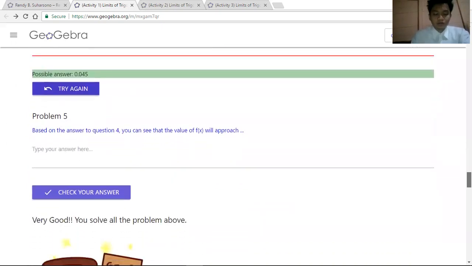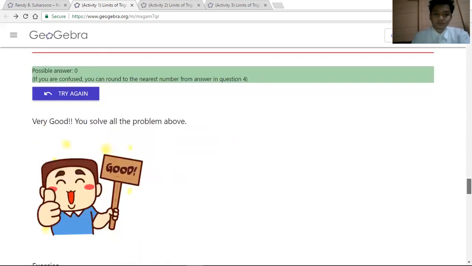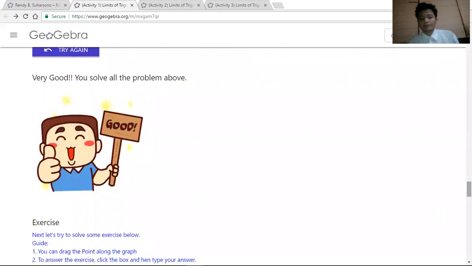Problem 5. Based on the answer to question 4, you can see that the value of function f(x) will approach... Possible answer is 0. If you are uncertain, you can round to the nearest number from the answer in question 4. Very good. You solved the problem above.